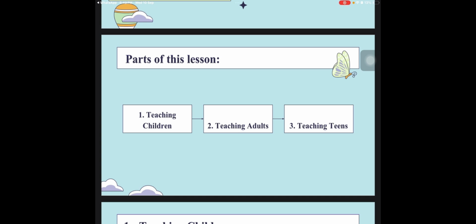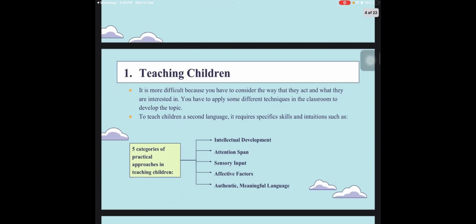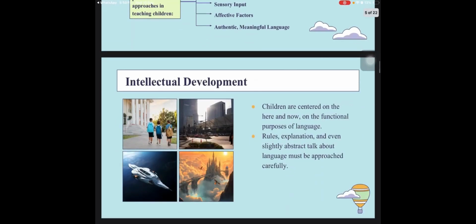The first group is children. Teaching young children can be both fun and challenging. Children often have short attention spans, get distracted easily, and need interactive activities to keep them focused. Here are the first two key areas to consider when teaching children.